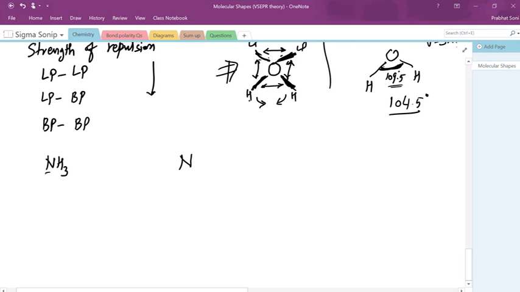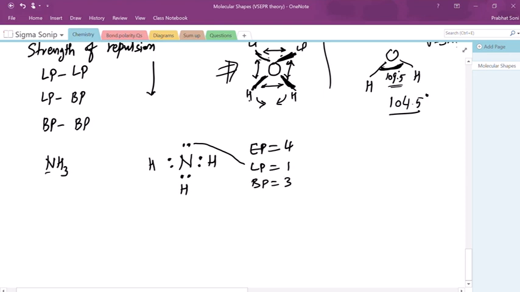We know that nitrogen has 5 electrons in its outermost shell, so it will share 3 electrons with hydrogen, and there will be 1 lone pair. Just like the previous case, the total number of electron pairs is 4, lone pairs is 1, and bonded pairs is 3.